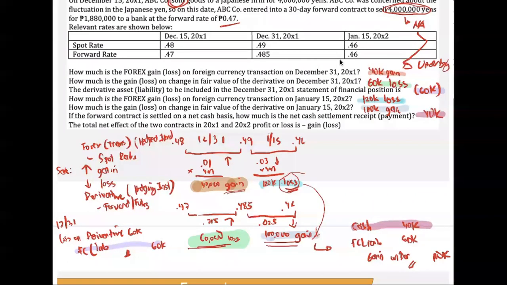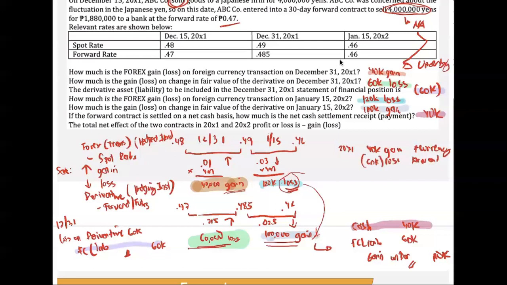Lastly, what is the total net effect of the two contracts in 20x1 and 20x2 profit or loss? Okay, so look into your gains and losses. For 20x1, we have 40,000 gain on the foreign currency. And then on the forward, we have 60,000 loss.